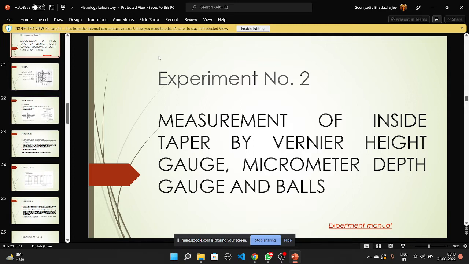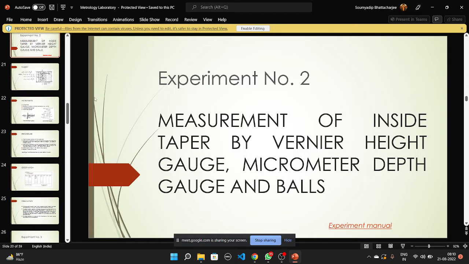Here it is not thread, it is taper per inch or taper per feet, TPF or TPI. It is nothing but the difference between the large end diameter and the small end diameter, capital D minus small d, measured over a length of say 1 inch or 1 foot. Got my point? So basically this difference per foot or per inch is one way of expressing the taper.